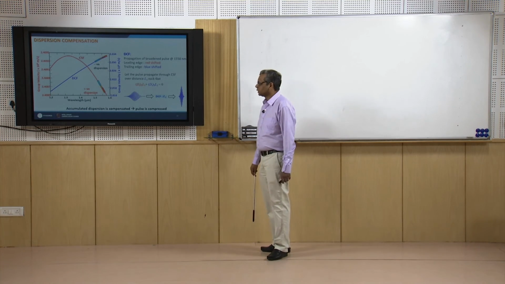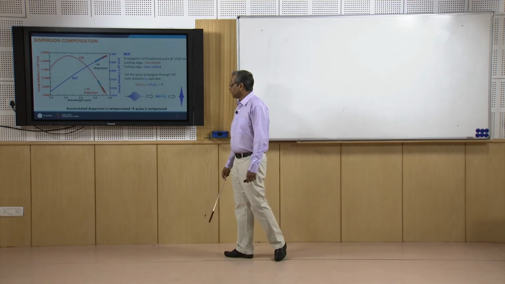So, accumulated dispersion is compensated and the pulse is compressed.